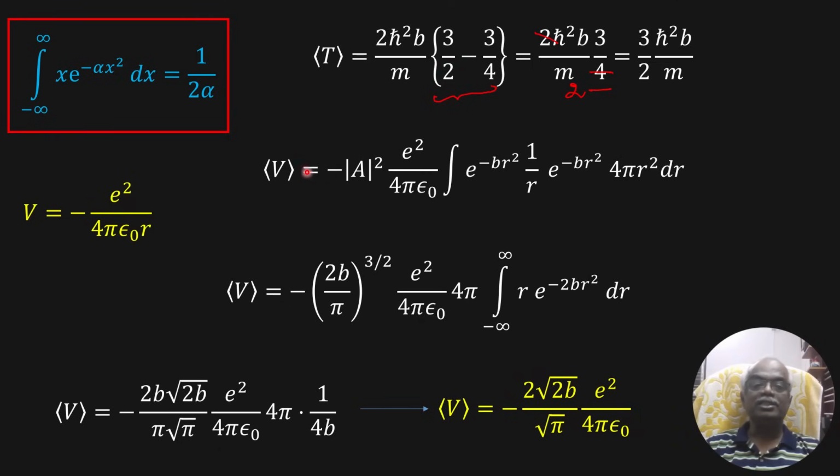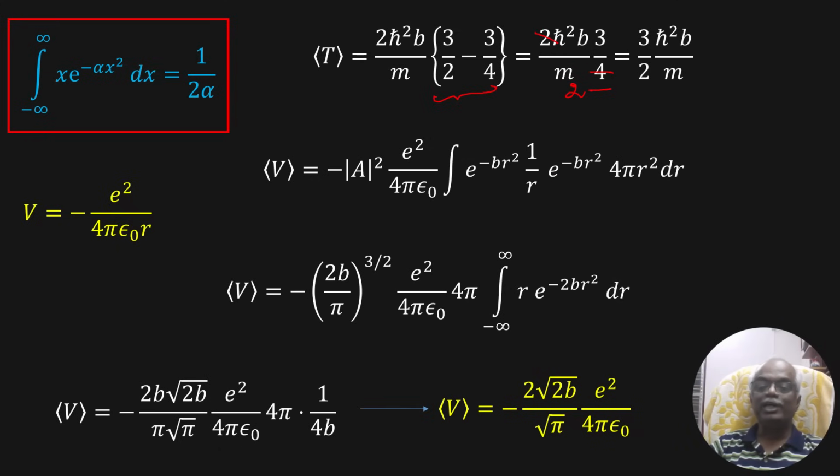Now the next task is we have to find the expectation value of the potential energy. By definition, the expectation value of potential energy is the integral of psi star V psi d tau, that is very important.